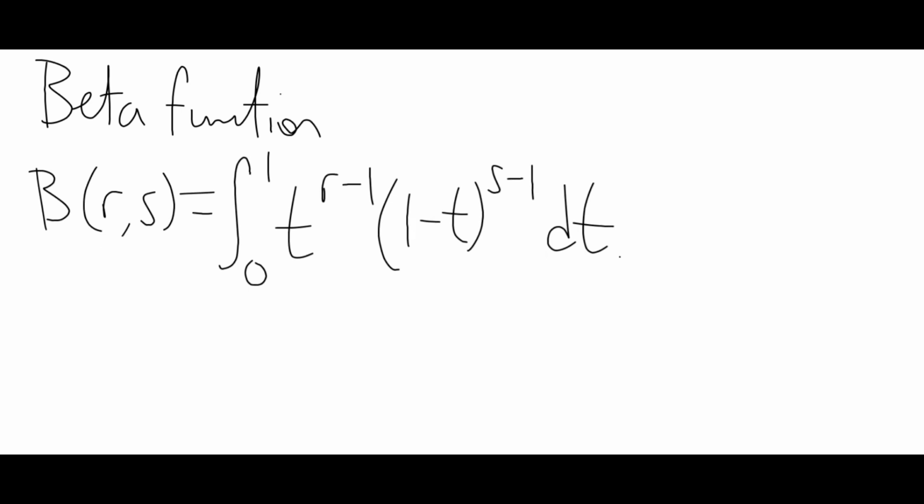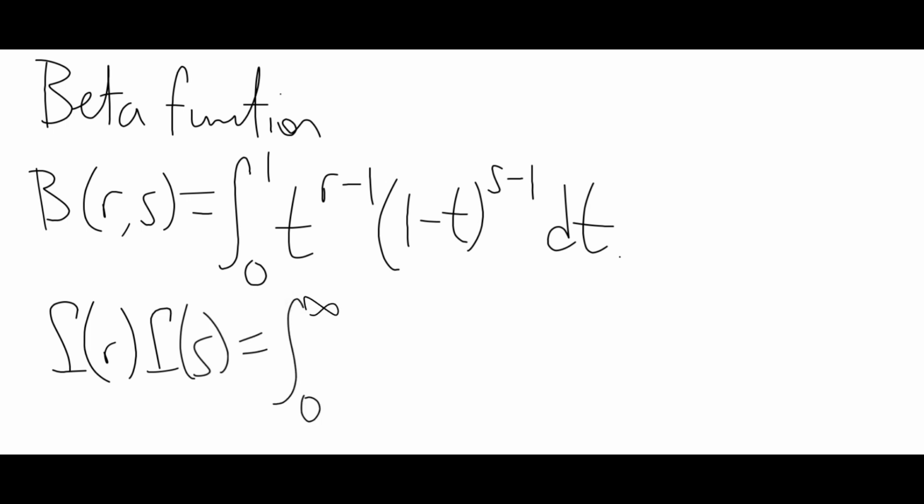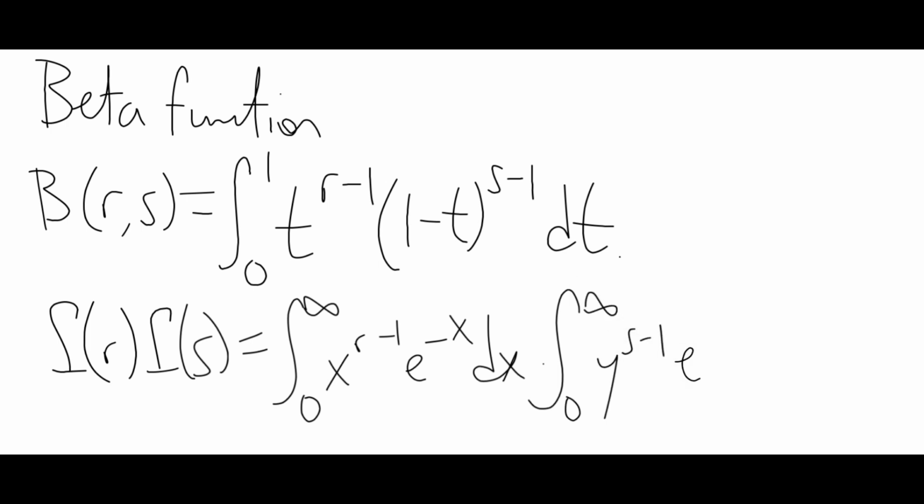So we start off in a way similar to how we found the Gaussian integral. We multiply the two gamma functions for r and s. So gamma of r is the integral of x to the r minus 1 e to the minus x dx. And then we have the integral of y to the s minus 1 e to the minus y dy.